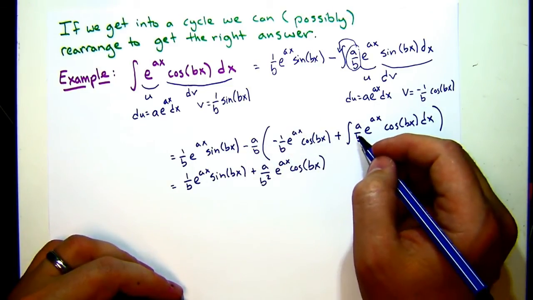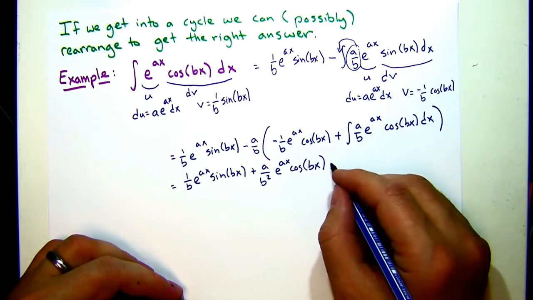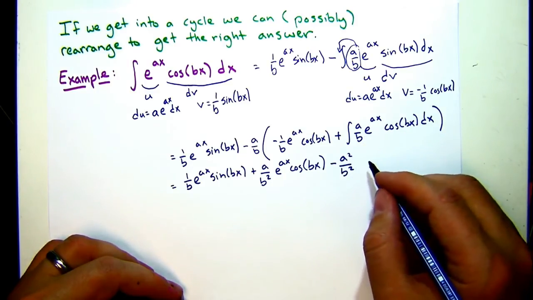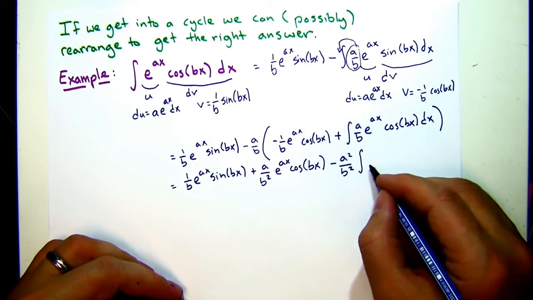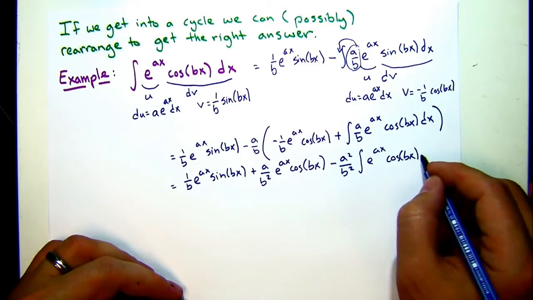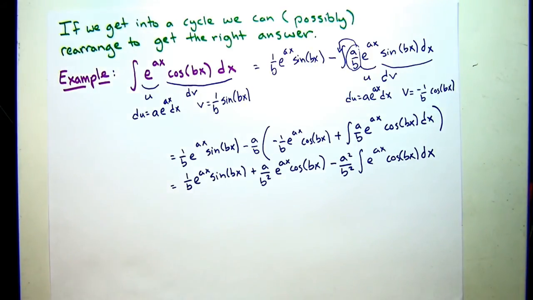And now here, this last term, minus a over b, and here I have plus a over b, so that's minus a squared over b squared times the integral e to the ax cosine bx dx. And now we say, we're back where we started.